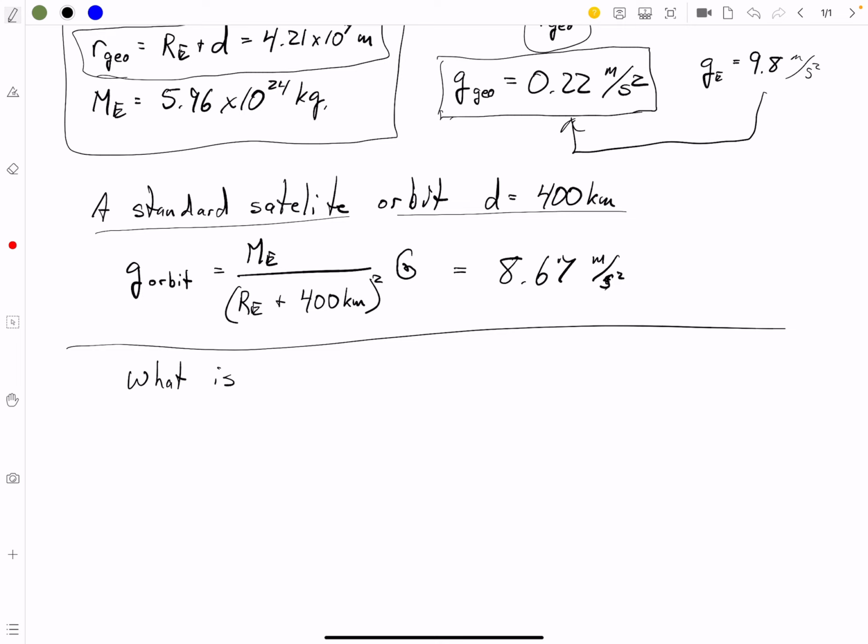Omega for a geosynchronous orbit is just 1 revolution per day. We don't care about that.